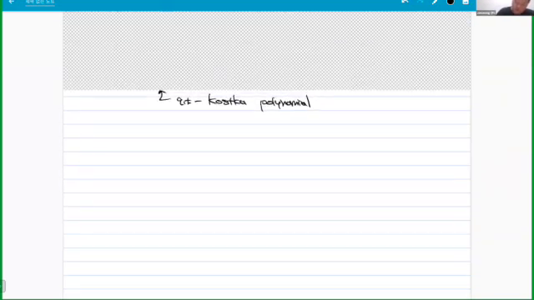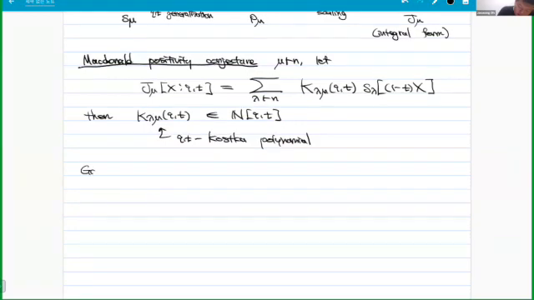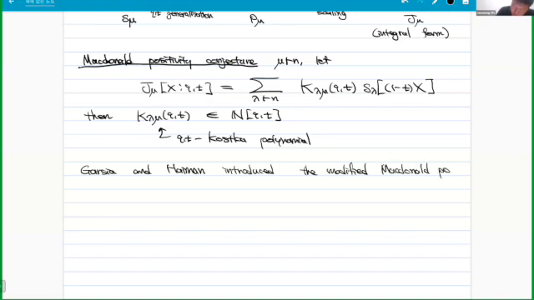Garsia and Haiman introduced a slightly different version of it, the modified Macdonald polynomial H tilde mu.